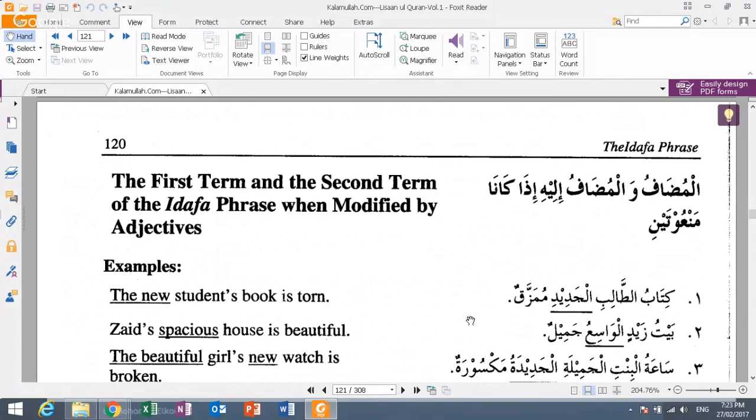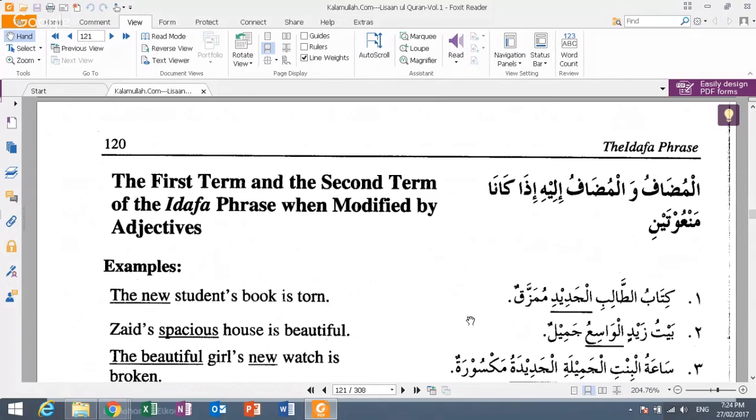Okay. The first term and the second term of the idafa phrase when modified by adjectives. Okay, now another rule for mudaf ilayh. When both of them are mawsuf sifat, the adjectival case. So now, how then? Of course, mudaf ilayh will always be majrur. Just common sense.